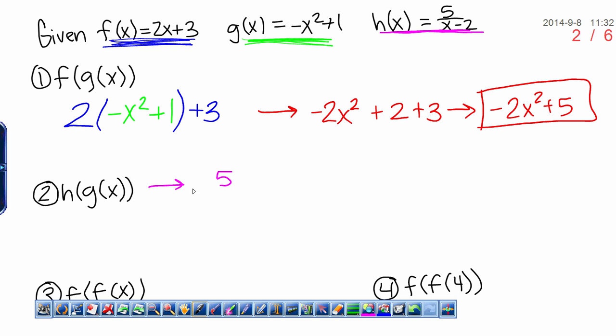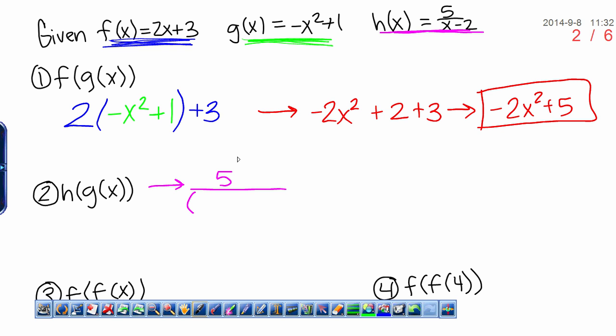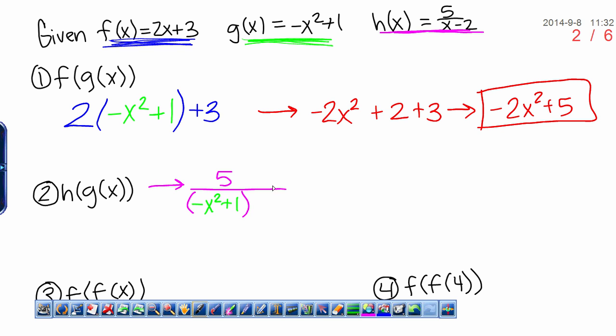We're still going to have 5 over, what are we going to put in for x? Negative x squared plus 1. And then what else goes here? Minus 2. Good, because it's 5 over x minus 2. So 5 over your input minus 2.